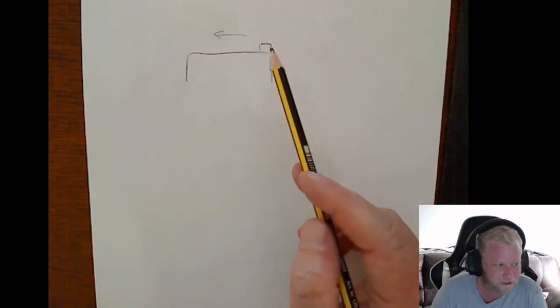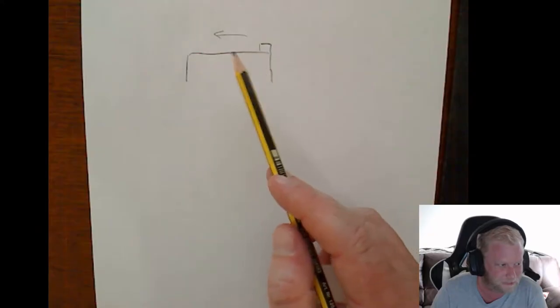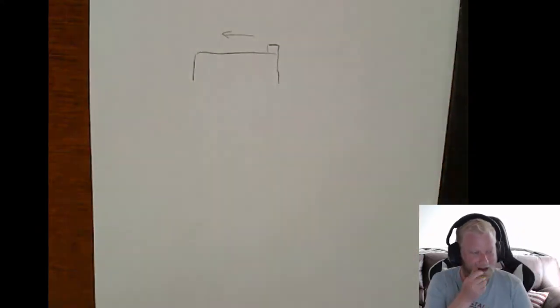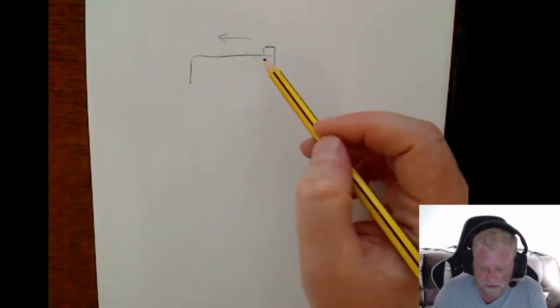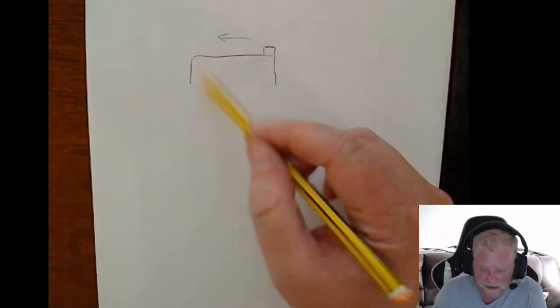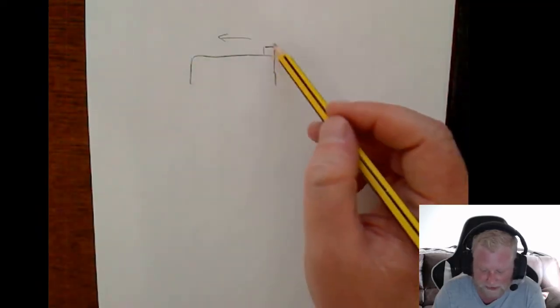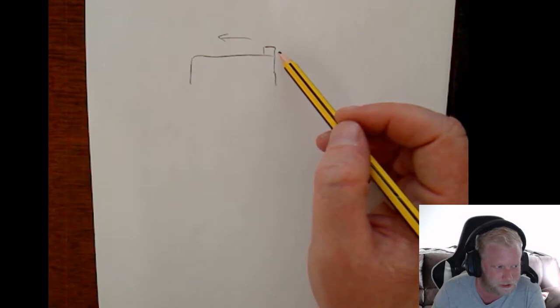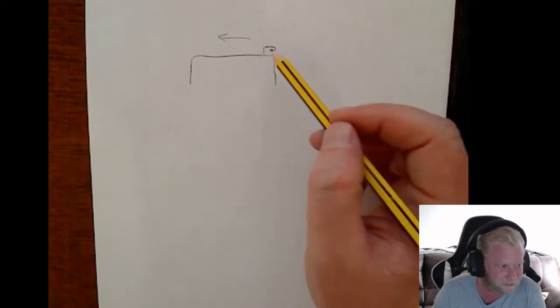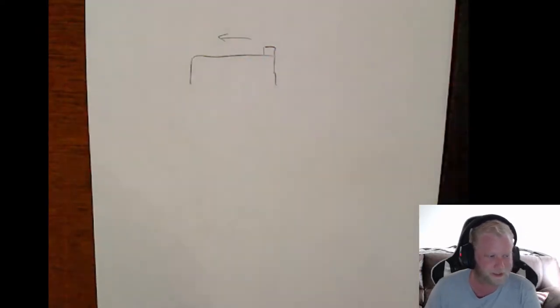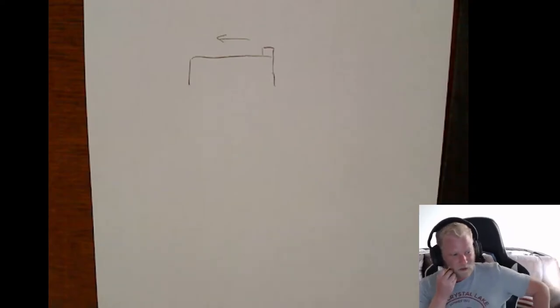If I'm pushing this block across this sandpaper table, I'm going to experience a ton of friction. Now, let's say that instead of sandpaper, we've got ice. So this table is made of ice, our block is still wood. We push that block across the ice table, and you're going to experience very low friction.